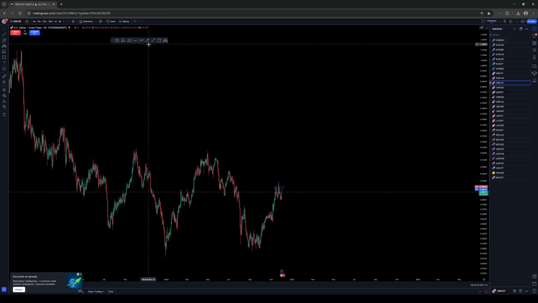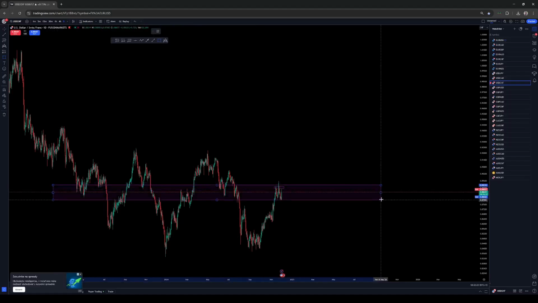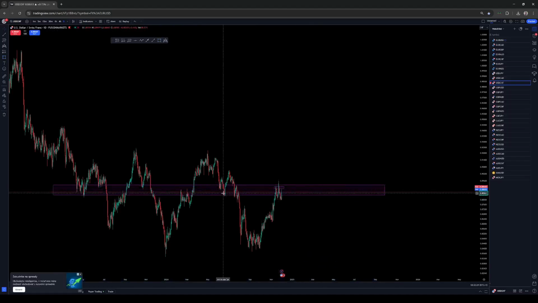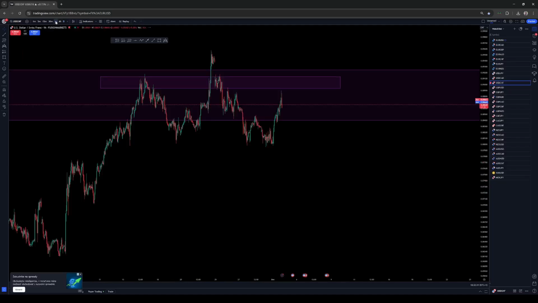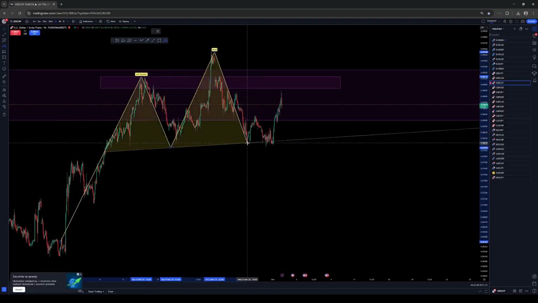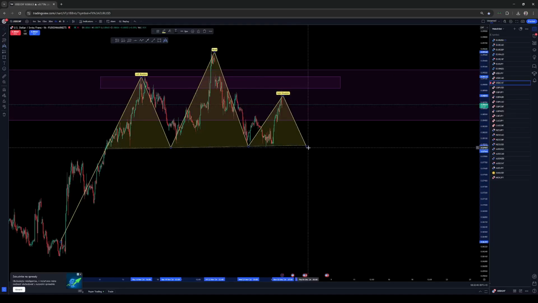We are in the zone of previous support and resistance. So if we check this one, it's actually a good confirmation for a sell position. There might also be a head and shoulders pattern as well. So basically, just waiting for any confirmation, we should sell.